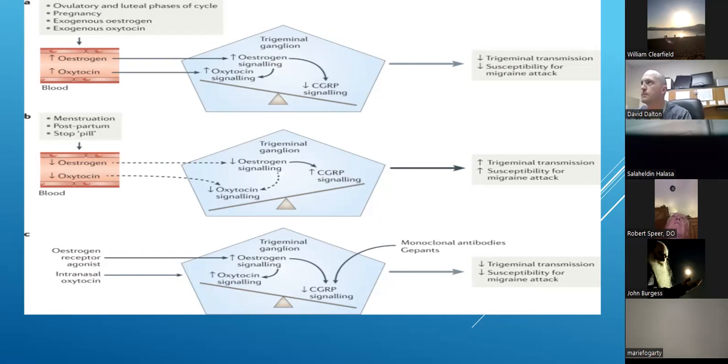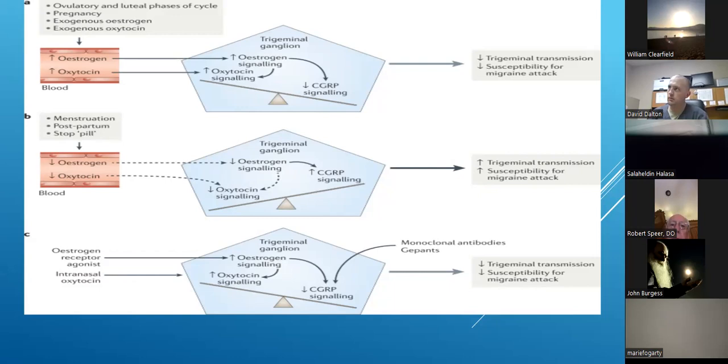So during menses, what would happen? You have the drop in estrogens, and you would have the pain, and the migraine will be triggered by that. And so I think giving hormone replacement therapy, giving oxytocin, does help in managing migraine by delivering those two hormones.